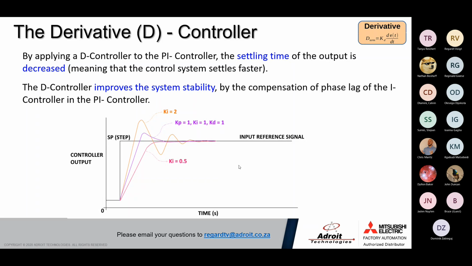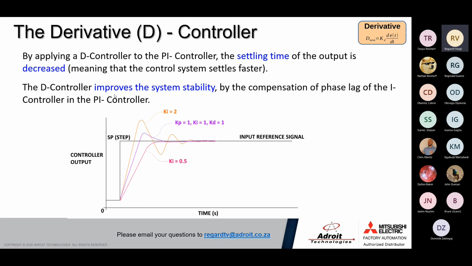Okay. So in an ideal scenario where there's no noise, your D controller improves your system stability and also your system's reactivity. So it's very reactive. So it's something to take into account.